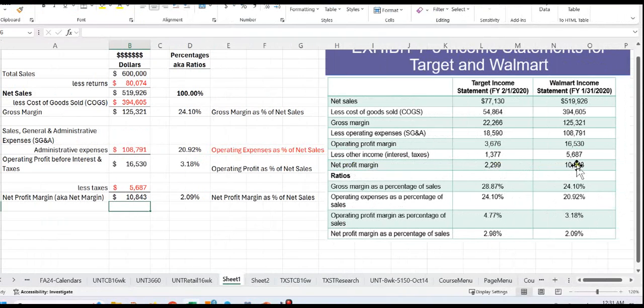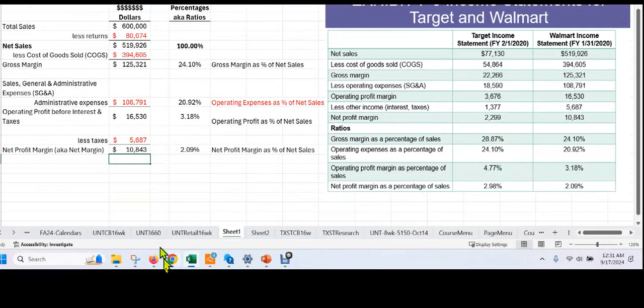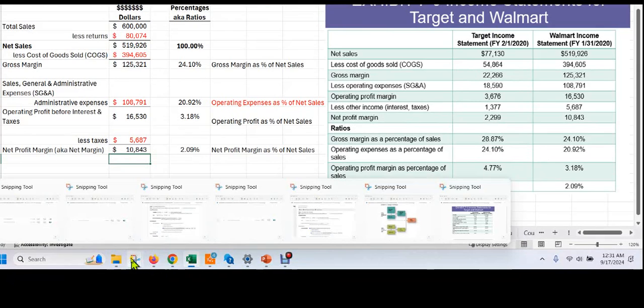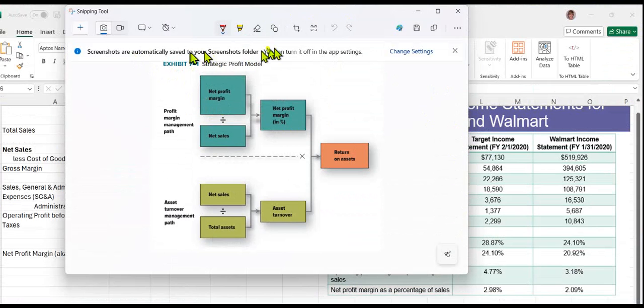Net profit margin in dollars, $10,843. Looky there. And our net profit margin as a percent of net sales is 2.09%. Okay, now why do I need this? I need this again for, let me see if I can find it here, this strategic profit model.